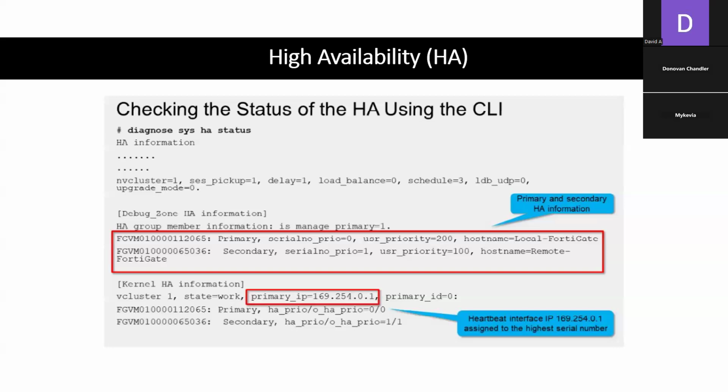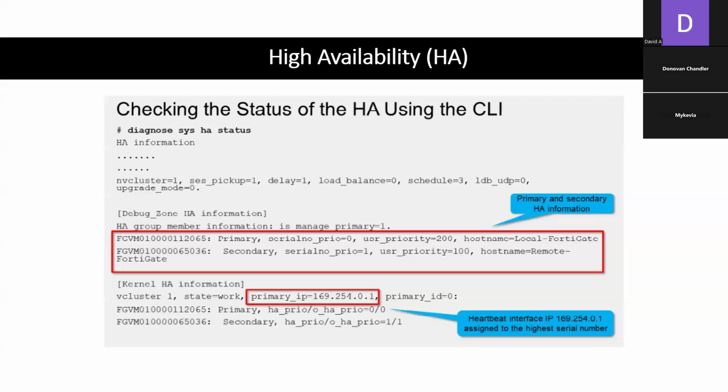As you can see, we statically set it to 200 and 100. But remember what we spoke about earlier this week: the lowest serial number will win. So if we compare two of the FortiGates, which one has the lowest serial number? I'm sorry, the highest, I apologize. Which one has the highest serial number?